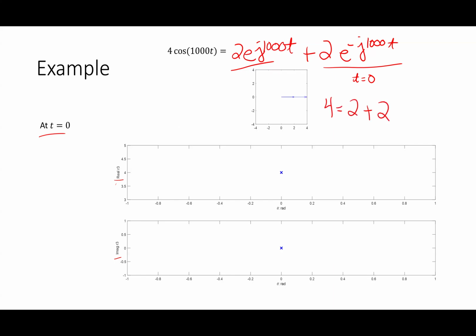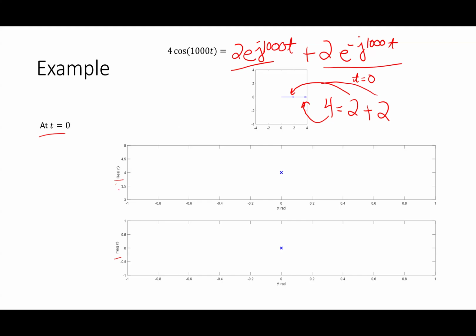All right, so basically what I have here is I've shown 3 vectors. Well, it's kind of hard to tell. Here's one of them, the summation there. So you can see the length of that vector is 4. And then the 2 and 2 are right there. Again, it's hard to tell the difference between the two of them because they're the exact same size. They're sitting on top of each other.